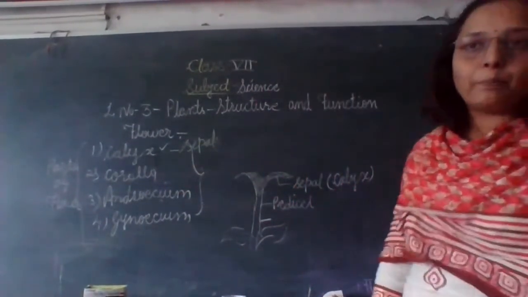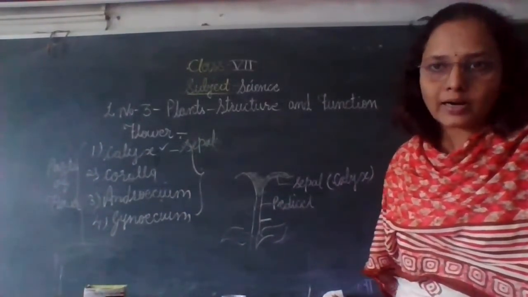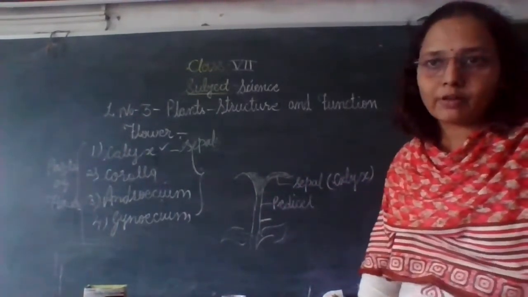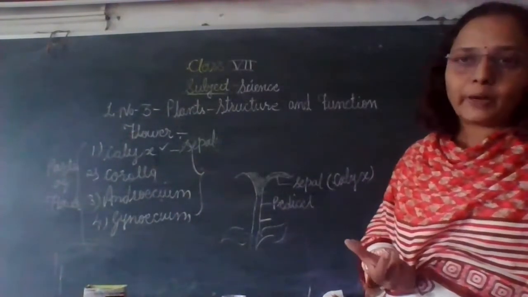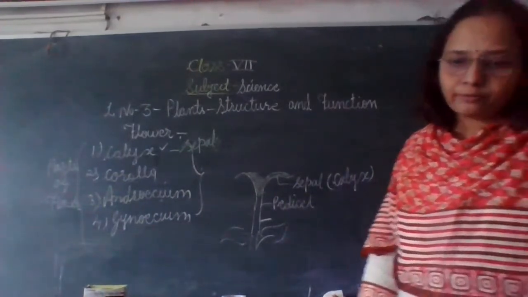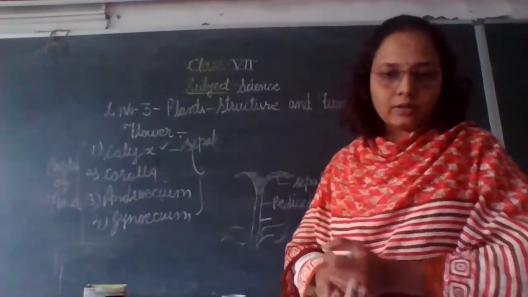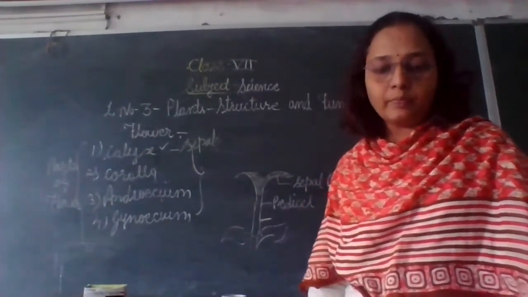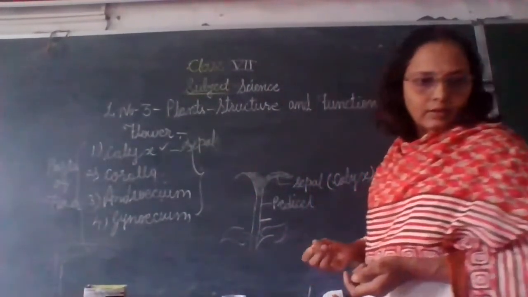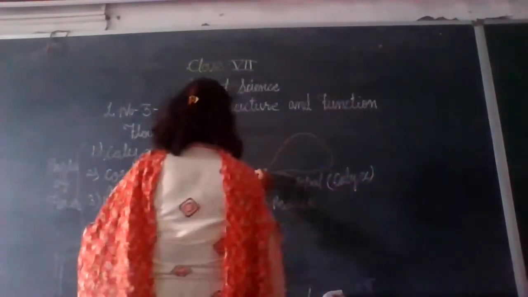Corolla is also called the petal. This is made up of colorful parts, so it is of various colors. The petals are colorful structures, in whatever color the flowers are. Then if you observe the petals of different flowers, the petals arise from the sepals.